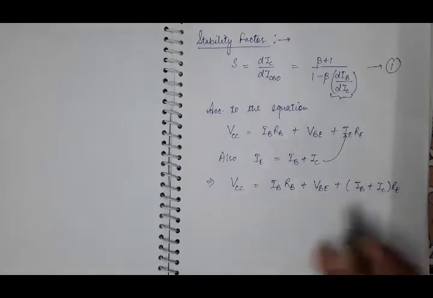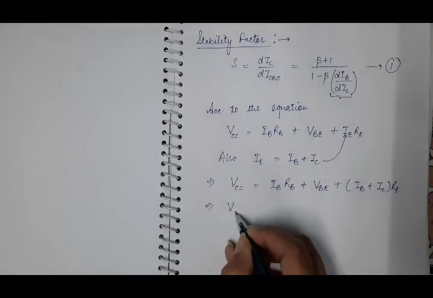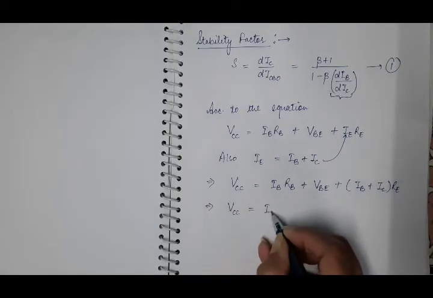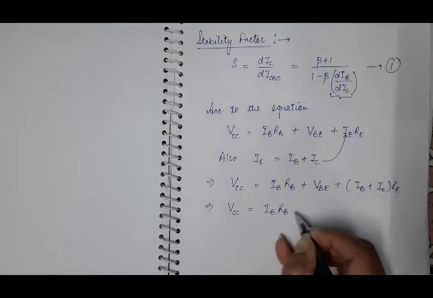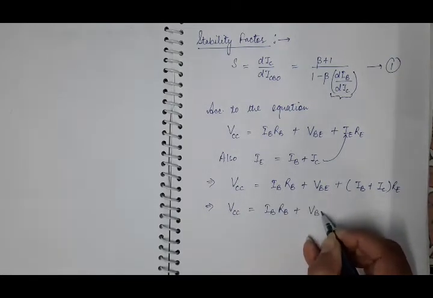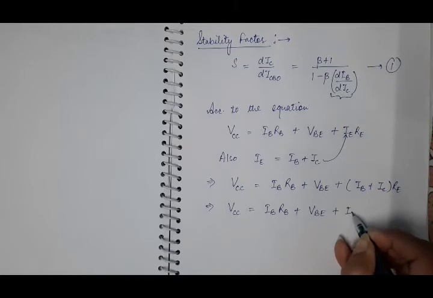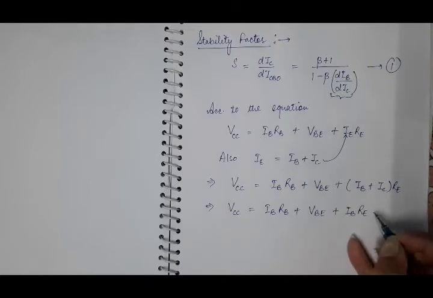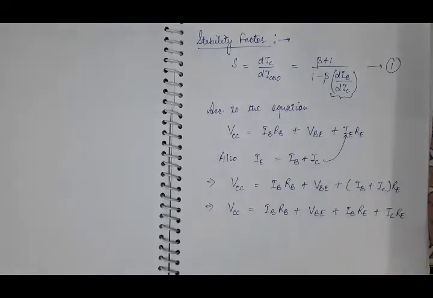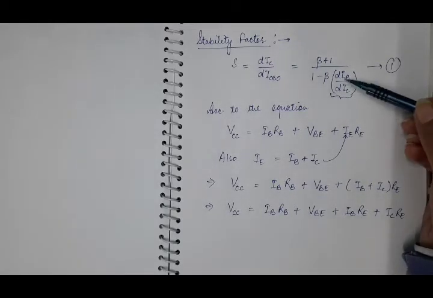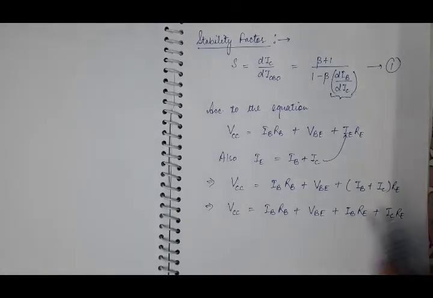Next step, open this bracket. It will be VCC is equal to IBRB plus VBE plus IBRE plus ICRE. And we have to find the value of dIB by dIC. How? Differentiate this equation with respect to IC on both sides.